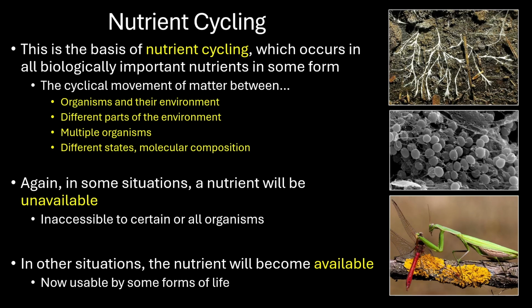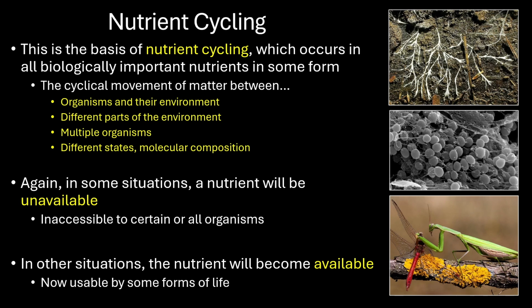It's cyclical, meaning that these resources will move in various ways between organisms and their environment, between different parts of the environment, between multiple different organisms being passed from one to the next, and of course in different molecular configurations. Ultimately being able to return back to that original form.